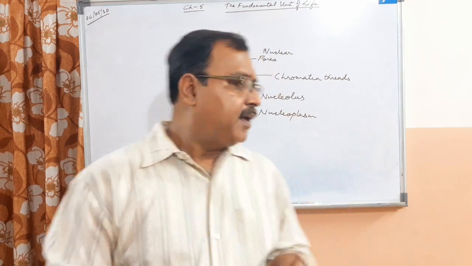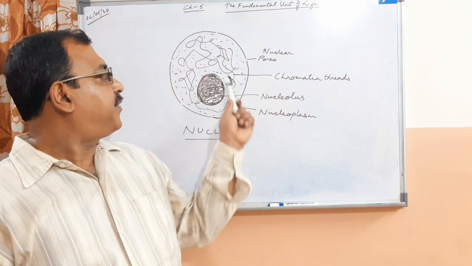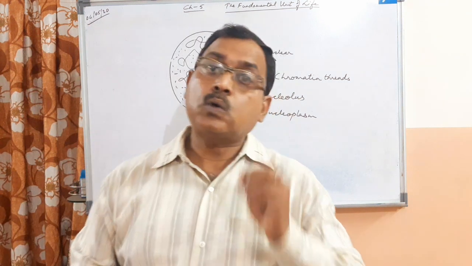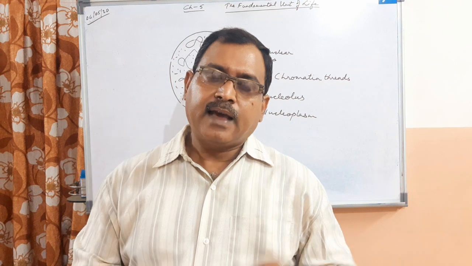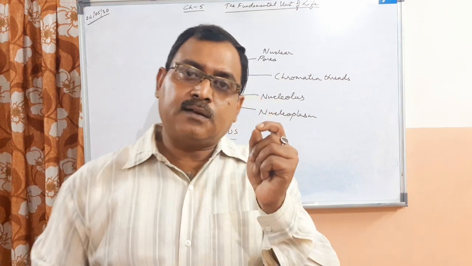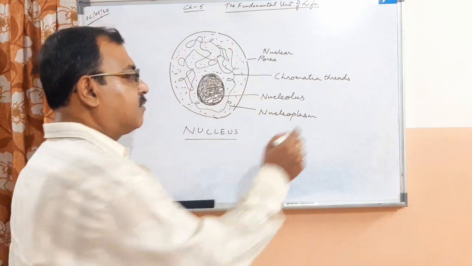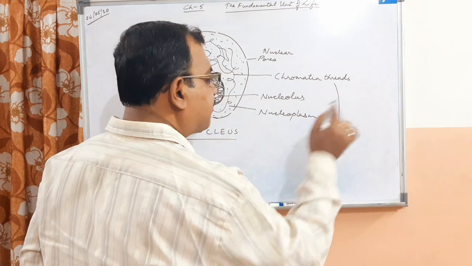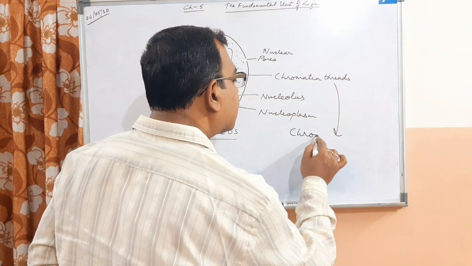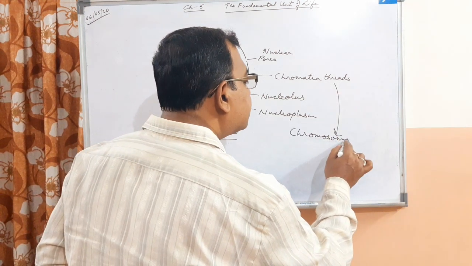Understood? Now these chromatin threads, they give rise to chromosomes. And what are chromosomes? Now chromosomes contain units which are called as genes. So from this chromatin thread you will get chromosome.